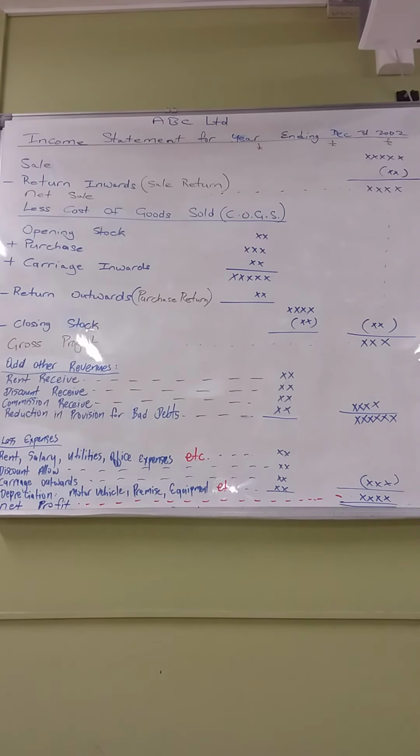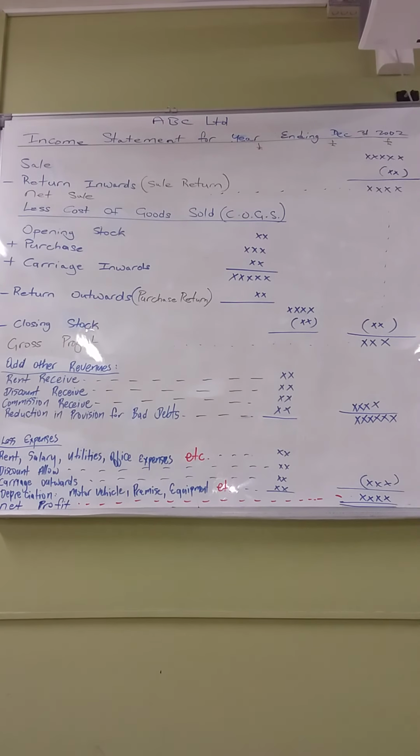So you put in the sales. You need to look to see if there's any return inwards, or what we call sales return, meaning goods that were returned to you. Assuming your sales were 500,000, when you minus the return inwards of 50,000, you get 450,000.